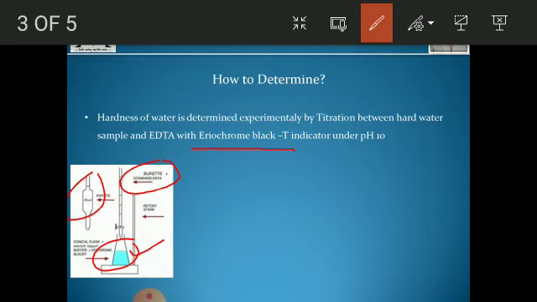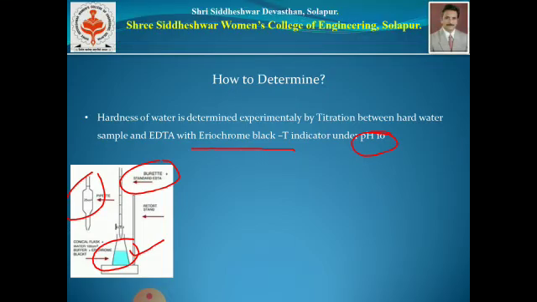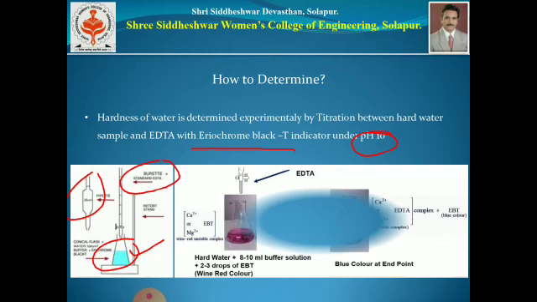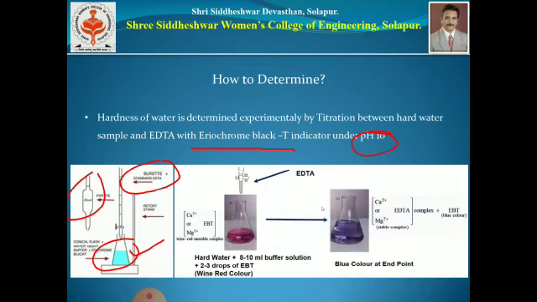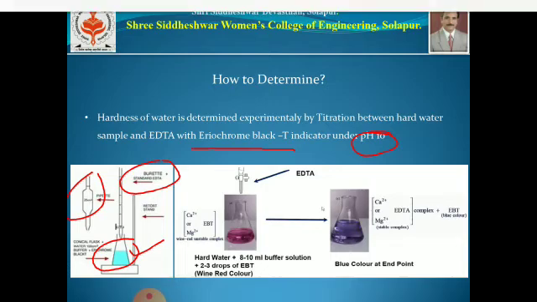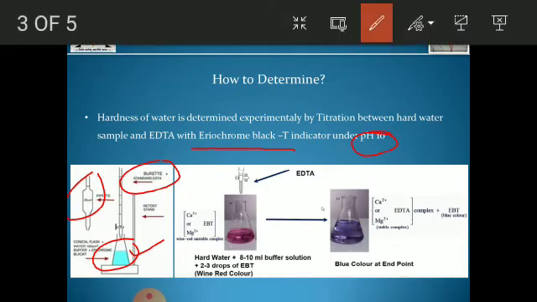And to maintain the pH at 10, we have to add a buffer solution. So let us see what will happen when we add these two contents to the water sample. When we add Eriochrome Black T, in short it is represented as EBT.